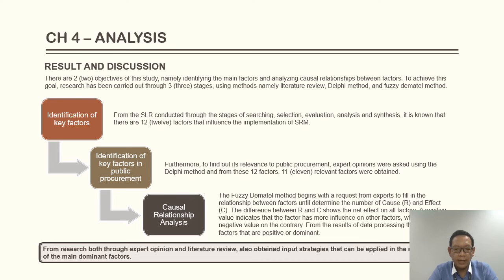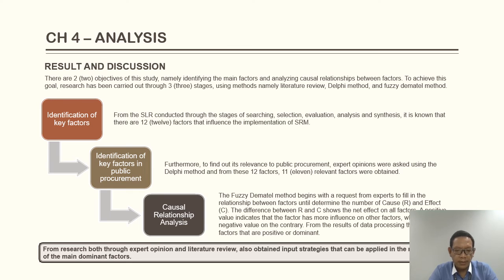Furthermore, validation of their relevance to public procurement was carried out and 11 factors were obtained. Finally, from the causal relationship analysis, it is known that the 6 main dominant factors are supplier development, good management practices, IT capability, external institutional pressure, supplier competence and capabilities, as well as collaboration and integration.